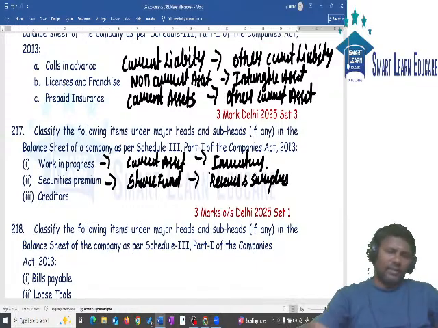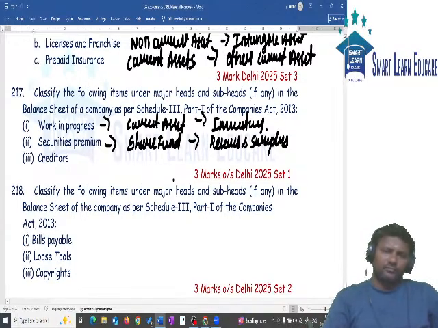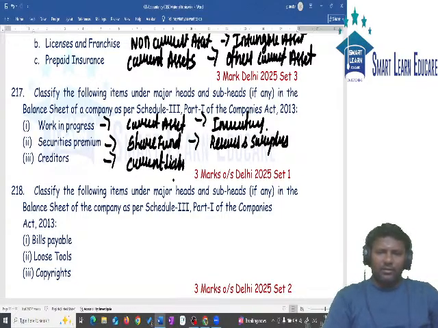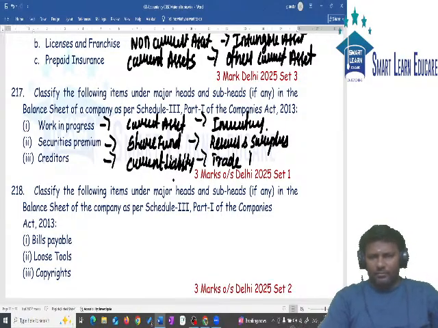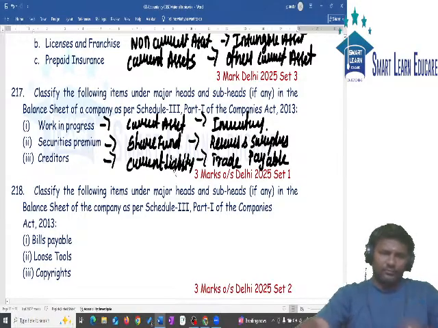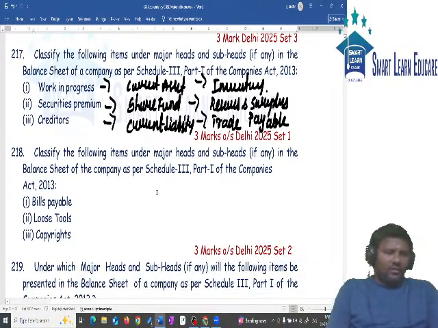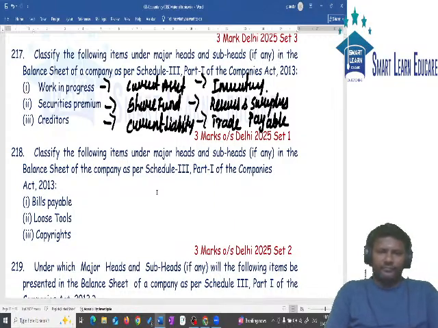Okay? Next, creditors. Creditors, we have a separate disclosure. Creditors will come under current liability. In current liability, it will come under trade payable. Next three, you tell me, all three. Bills payable.